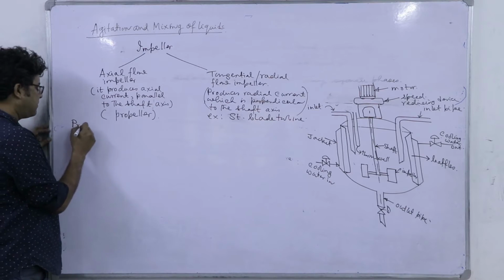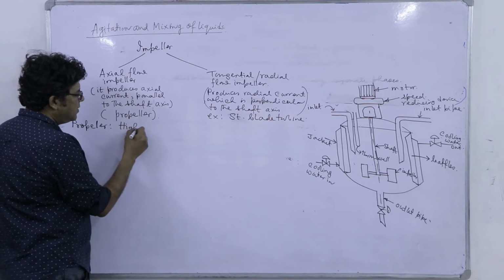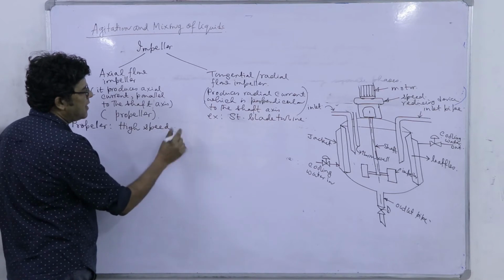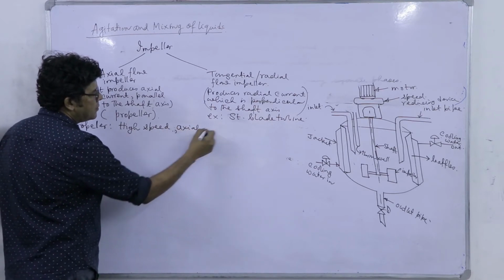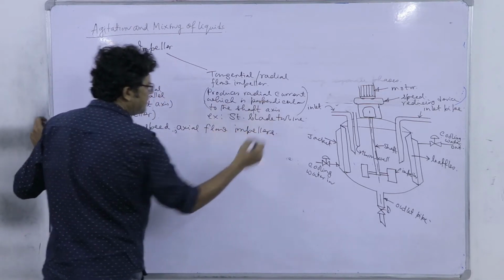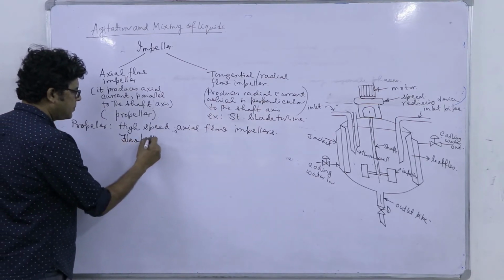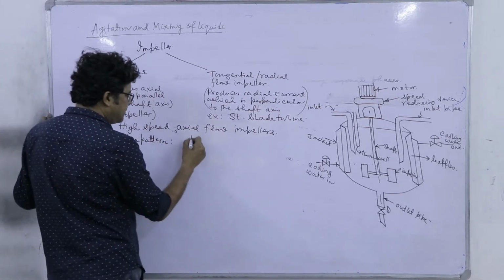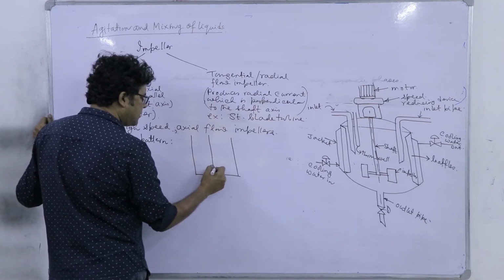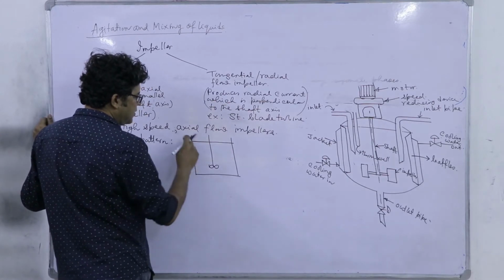What are propellers? These are high speed propellers. Let us write the characteristics. High speed axial flow impellers. So, the flow pattern in a propeller: we have a tank fitted with a propeller, and there is the liquid level in the tank.